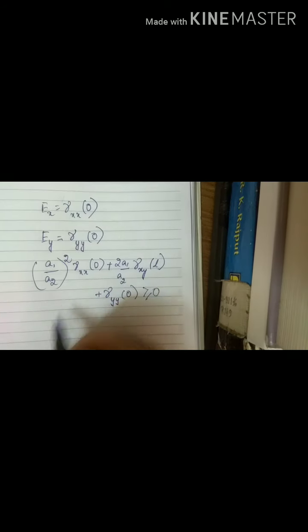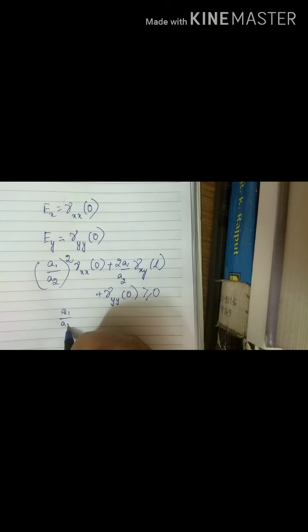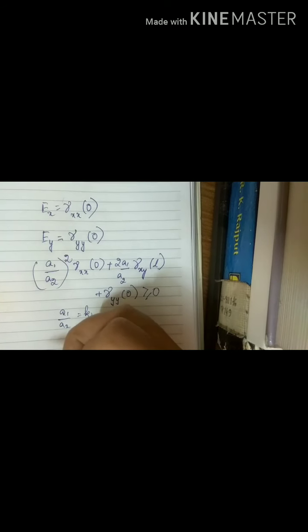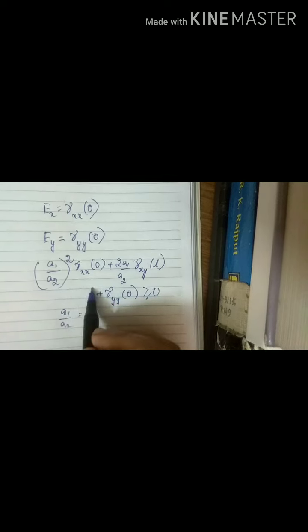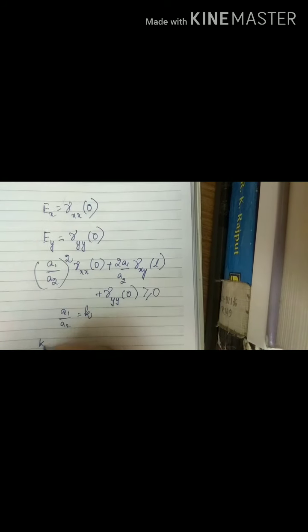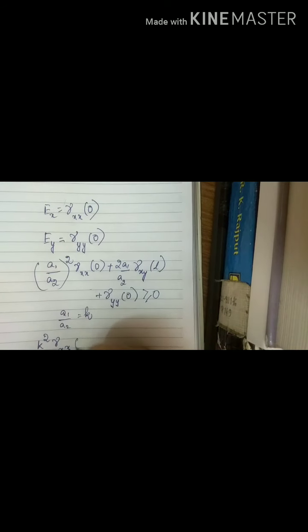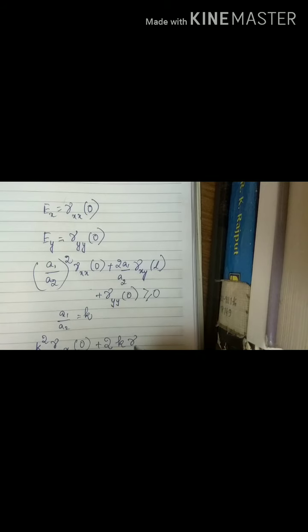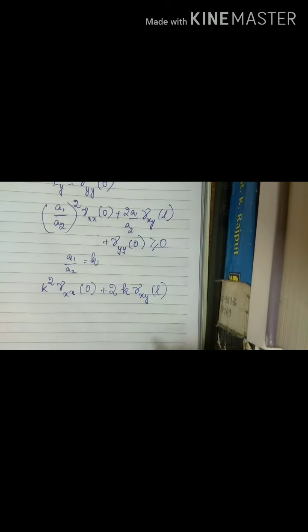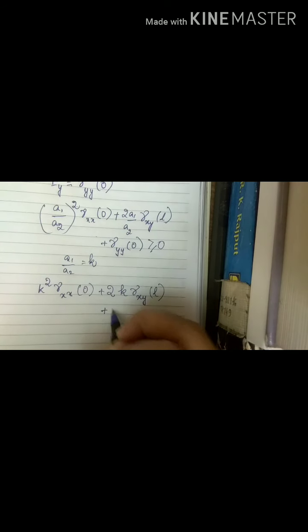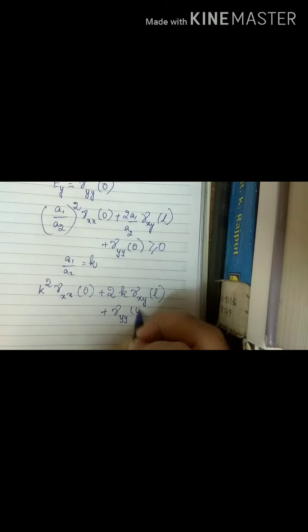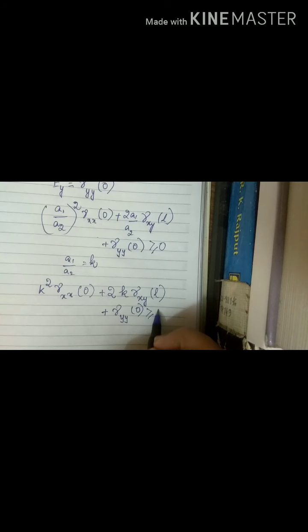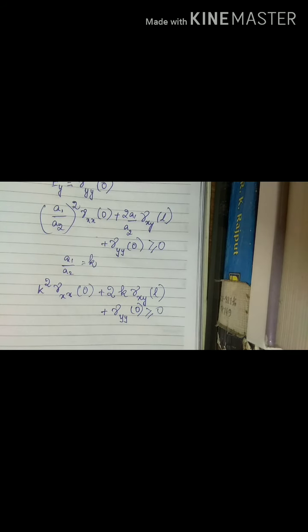If we assume the ratio between a1 and a2 is equal to k, then we can rewrite this as k square gamma xx(0) plus 2k gamma xy(L) plus gamma yy(0) greater than or equal to 0.